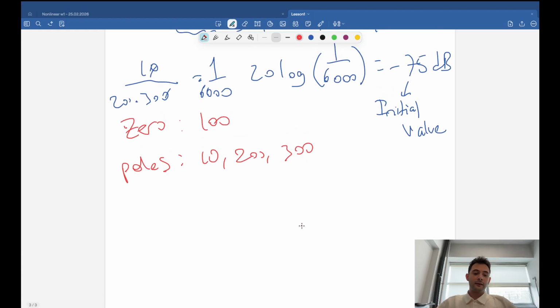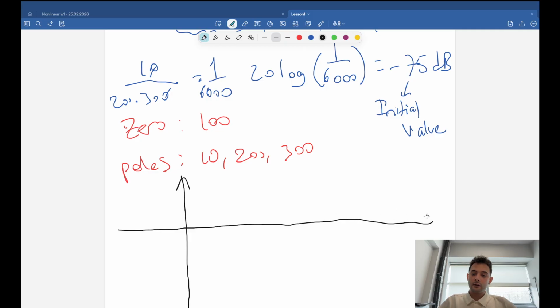Okay, I think this place is enough to draw it. So this is my y-axis, and this is my x-axis. This is decibels, this is frequency.